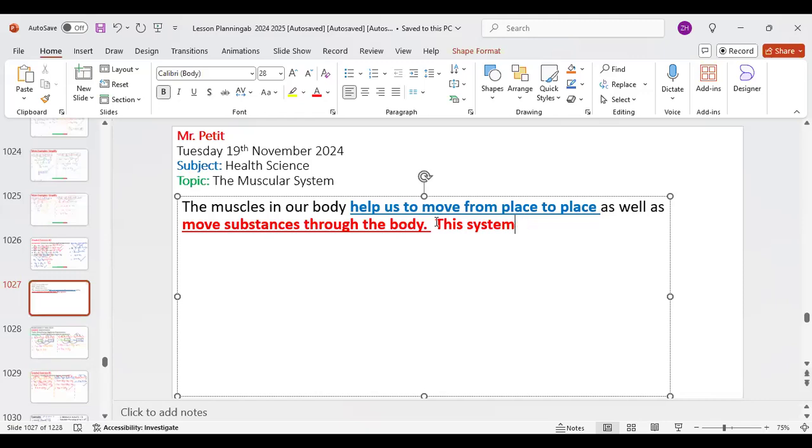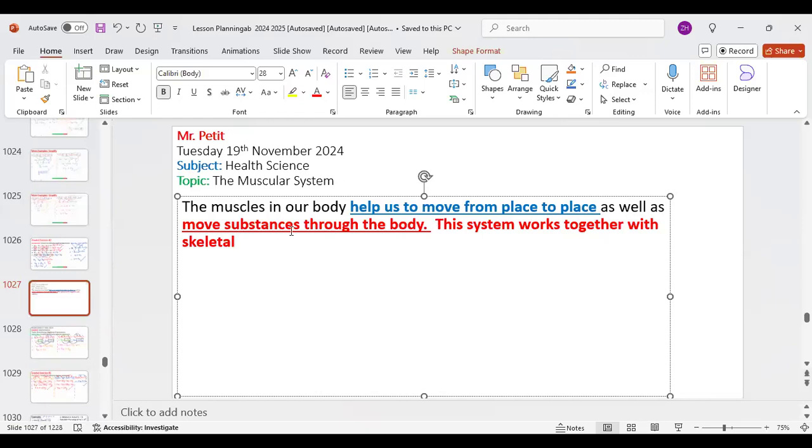The nervous system. That's true, but not that one. The cardiovascular system? No, you're all too deep. What system does the muscular system work with? The digestive system? No. The skeletal system. Thank you. The skeletal system.